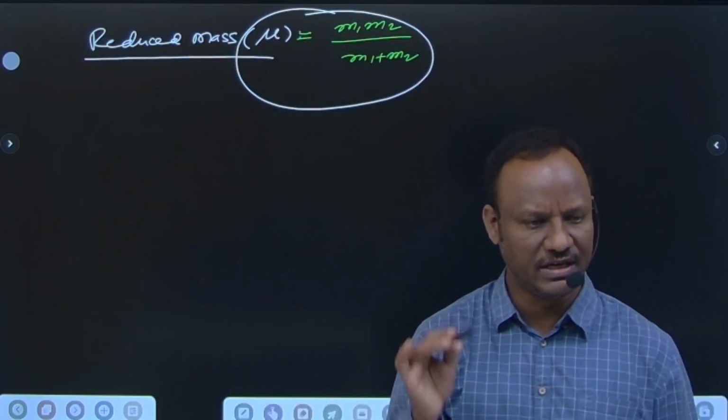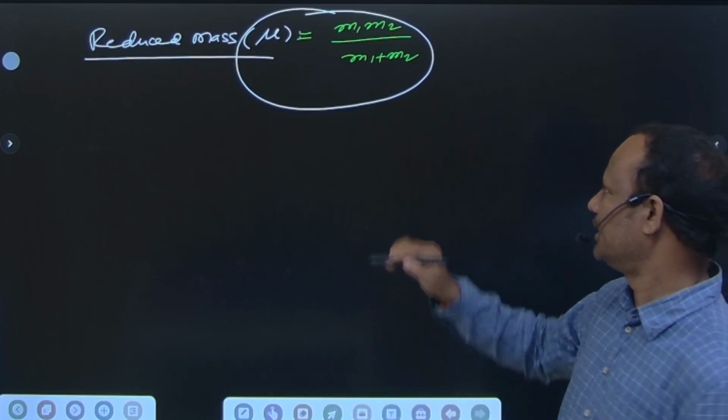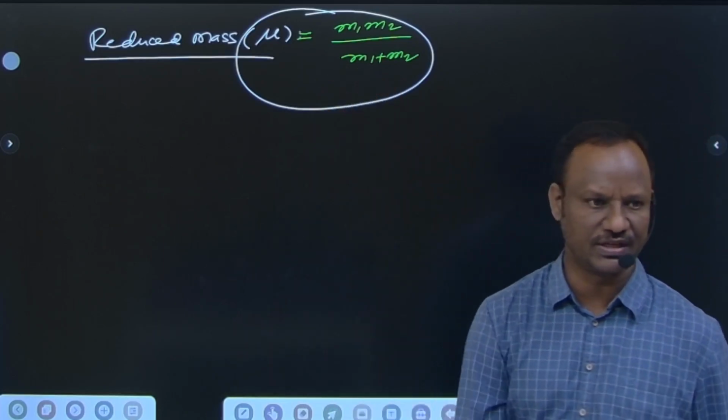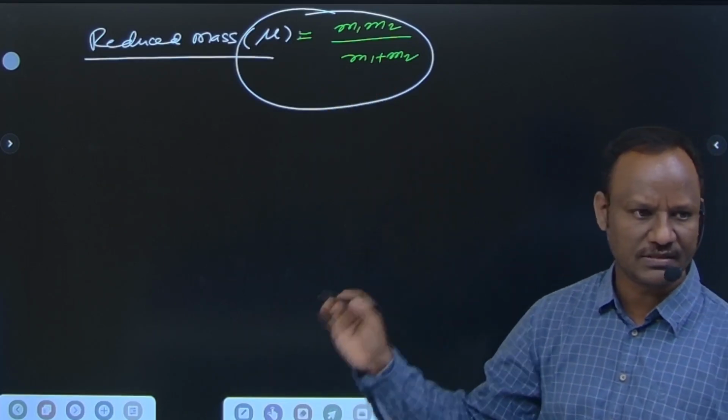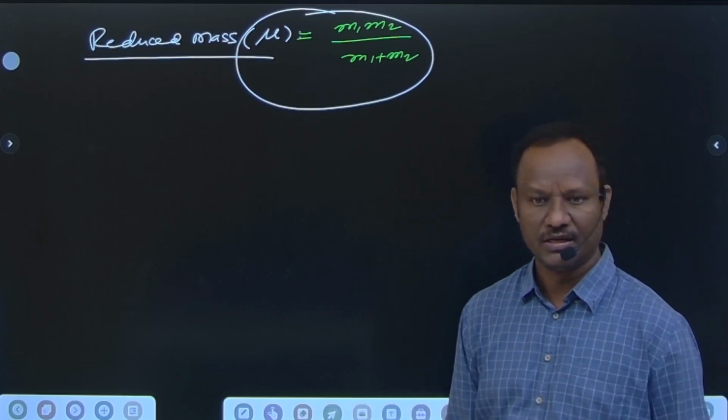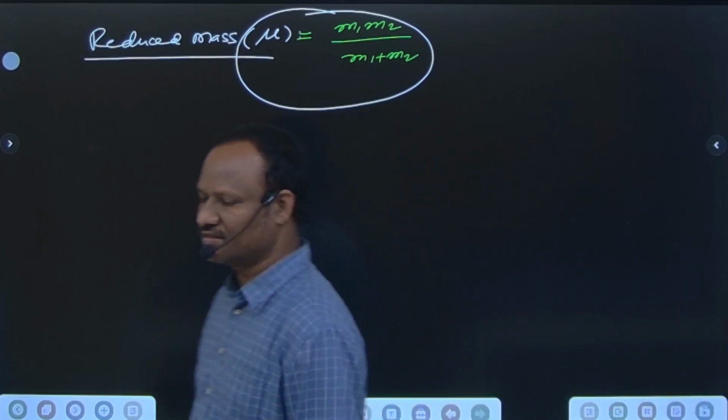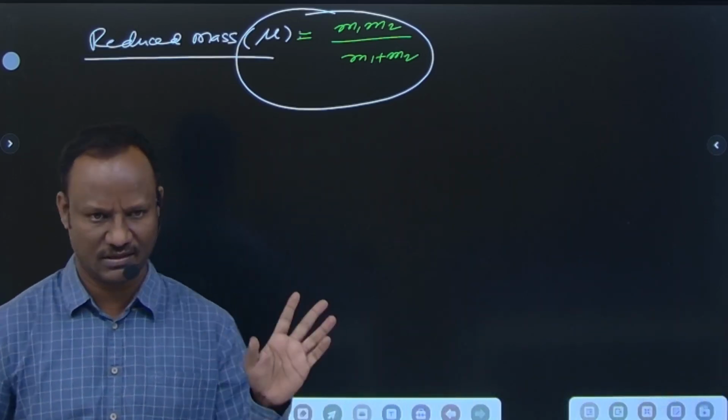Now onwards, anywhere for problem solving, reduced mass mu is equal to M1 M2 by M1 plus M2.